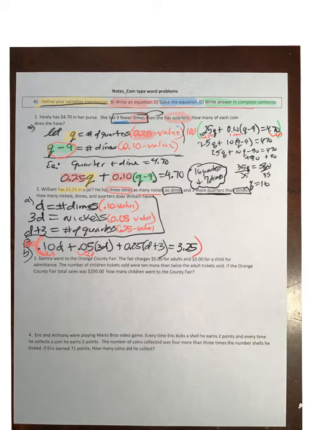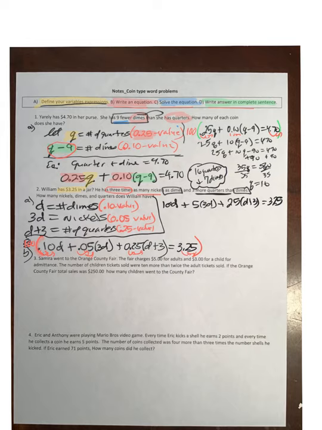And doesn't that make each of these integer numbers or whole numbers? So then we don't have any decimals to work with. That would be 10D plus 5 times 3D plus 25 times D plus 3 equals 325. That makes it a little bit easier so we don't have to work with the decimals.